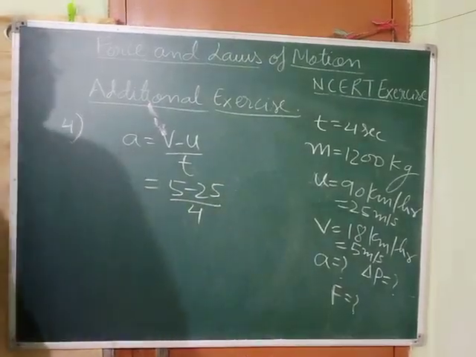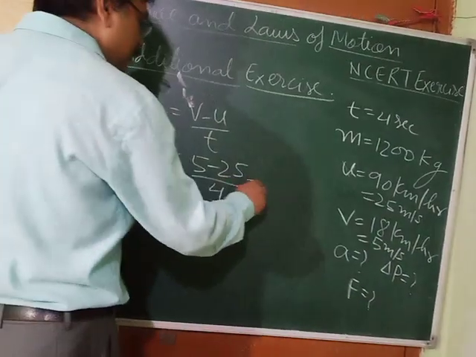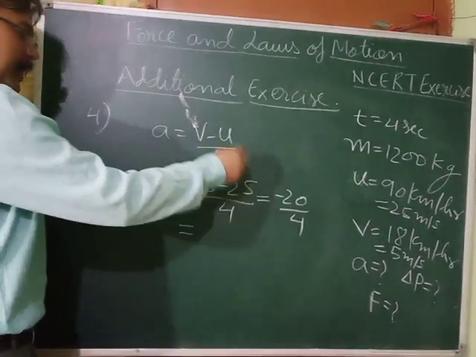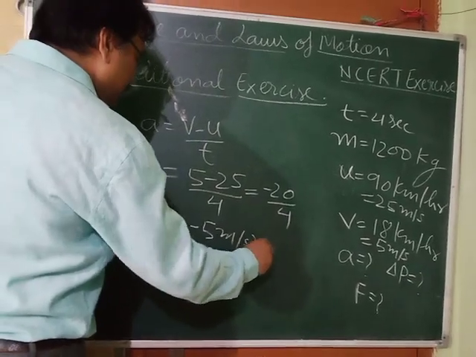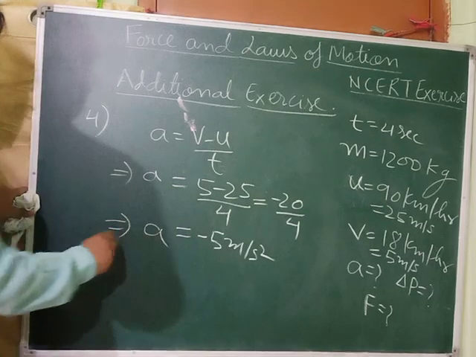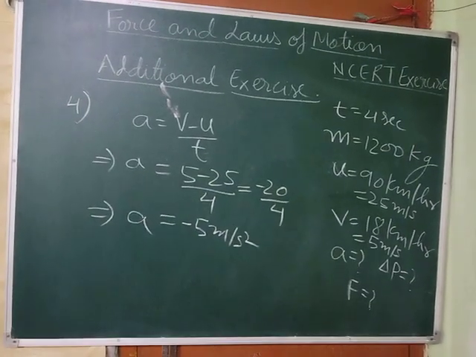When you subtract 25 from 5, obviously you will get minus 20 by 4. And 4 fives are 20, so minus 5 meter per second square. That's your acceleration. So the first part you have done, you have got the acceleration. It is minus 5 meter per second square.